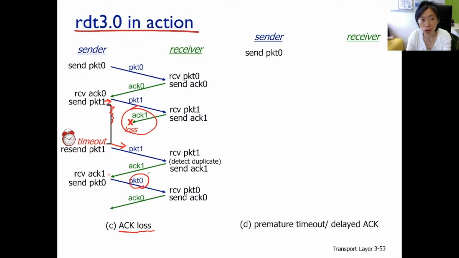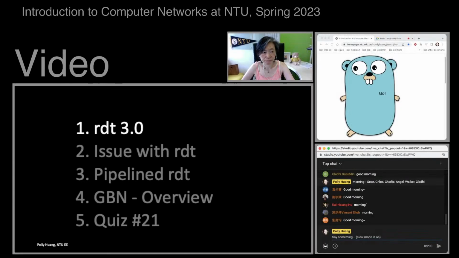Now what's a bit unusual here in scenario 3 versus 2 is that packet 1 was actually received already, but it's received again because the ACK was the one being lost. Don't worry, because this is packet 1 and this is packet 1. For two consecutive packets carrying the same sequence number, receiver will not extract data and pass it further on. Receiver just sends the ACK back again, and that's going to clear packet 1, and therefore packet 0 can go on further.